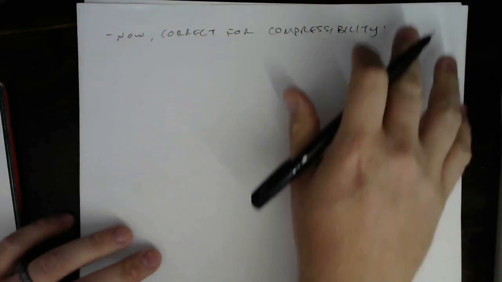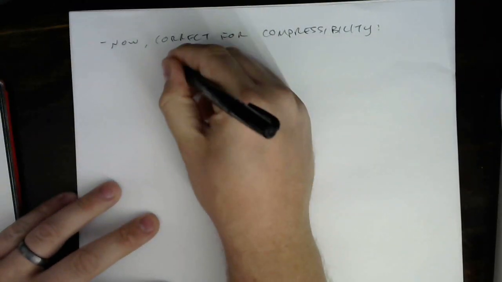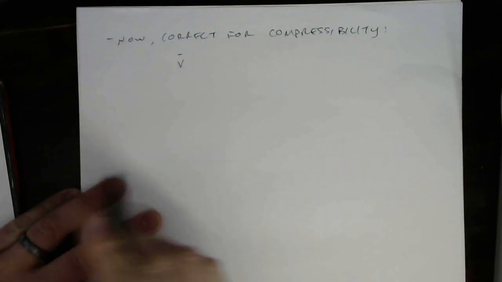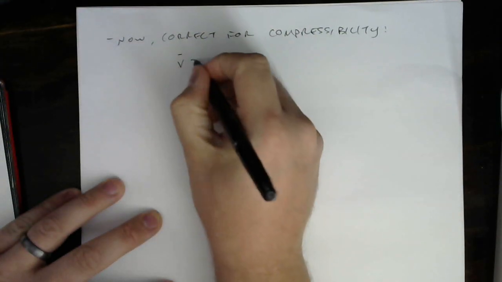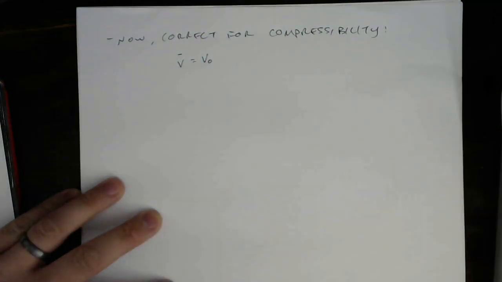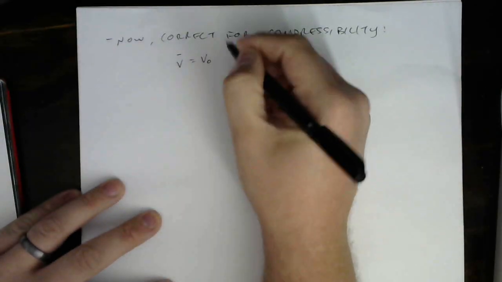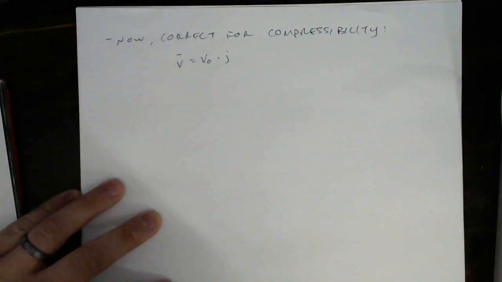The compressibility correction, to remind you, is that the average velocity going through that column at all points in this nonlinear profile is equal to the outlet volumetric flow rate. I guess I should be saying the average volumetric flow rate, not the average velocity, times that correction, right?